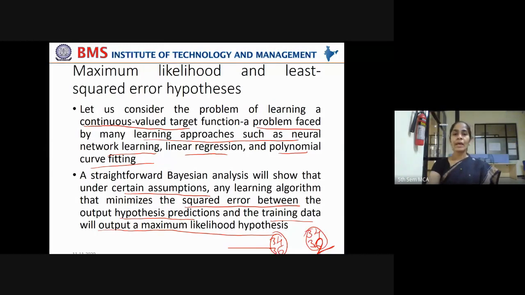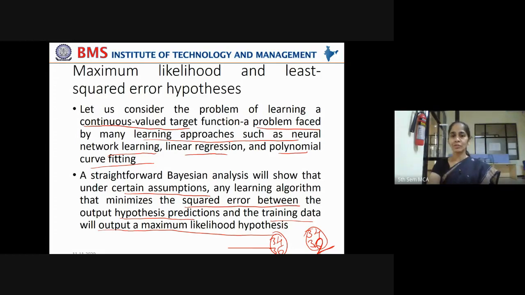Now, a straightforward Bayesian analysis will show that under certain assumptions, that the data is noise free and deterministic, and that if the hypothesis is not consistent with the training examples its probability will be 0, otherwise the probability will be 1, it is possible for an algorithm to find the maximum a posteriori hypothesis that we learned in the previous class.